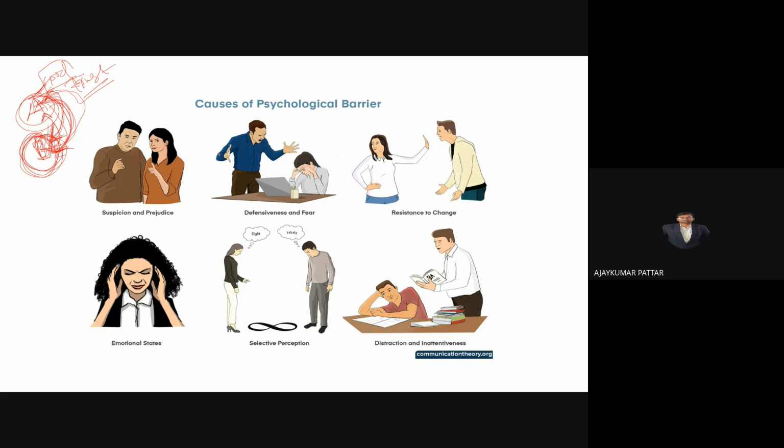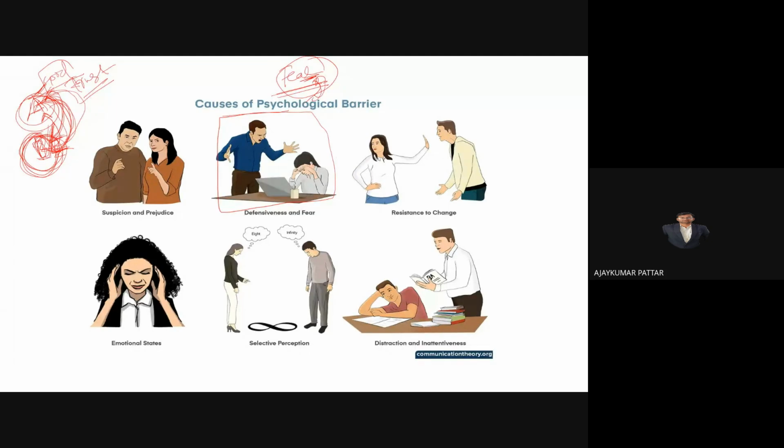So, as I am telling point by point, the pictures are also symbolizing it: fear. Because of fear, if I am telling something to the higher authority, they can do anything. Like that, fear is also acting as a barrier for effective communication.